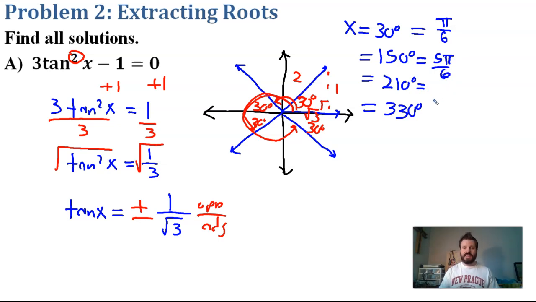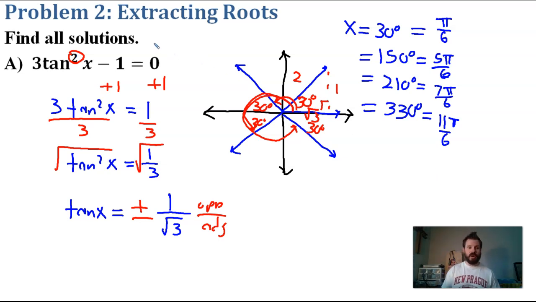All right, 210, that's pi over 6 past pi, so in other words, 7 pi over 6. And then 330 is pi over 6 short of 2 pi, so that'd be an 11 pi over 6. Okay, so those are some shortcuts I can use to make these calculations. Or I can multiply by pi over 180 with the calculator every time. Okay, that's all the solutions between 0 and 2 pi.